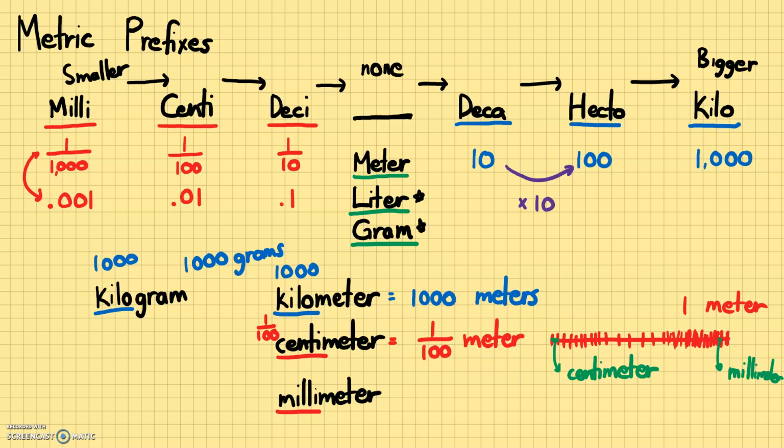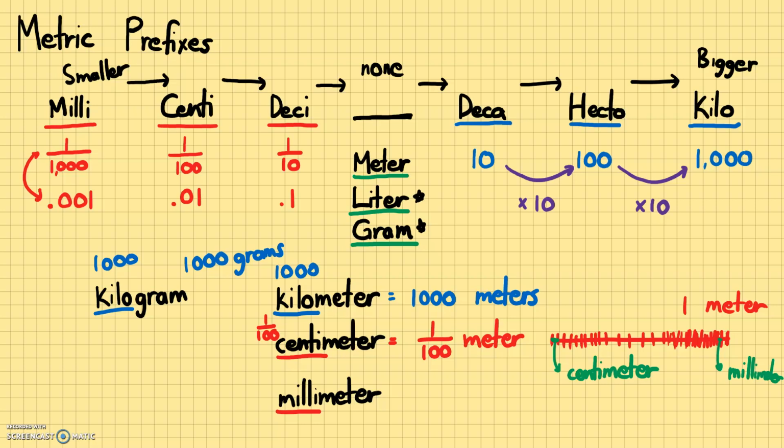Okay, so each of these metric prefixes are 10 times bigger than the previous one. So hecto is 10 times bigger than deca. And also, if you want to go from 100 to 1,000, you'll have to multiply by 10. So kilo is 10 times bigger than hecto.